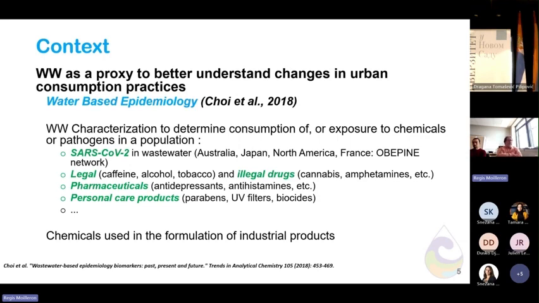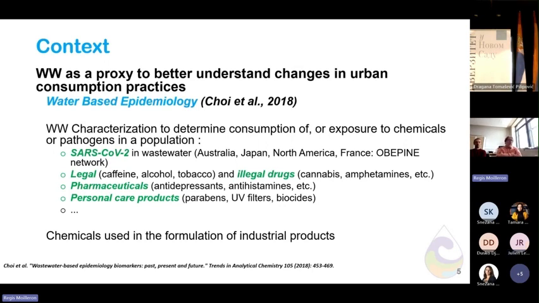Wastewater characterization is very helpful to determine consumption of or exposure to chemicals or pathogens in the population. I give you here some examples. This is what we did during the COVID crisis by measuring SARS-CoV-2 in wastewater. It has been done in Australia, Japan, North America, and France, for example.